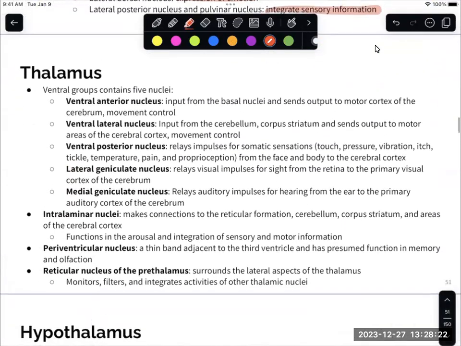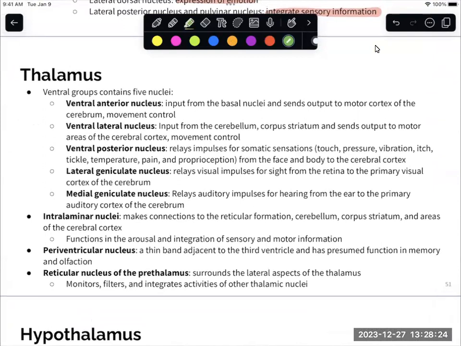So there's a lot. And then these ventral ones, movement control, more movement, touch, pressure, vibration, itch, tickle, temperature, pain, proprioception.